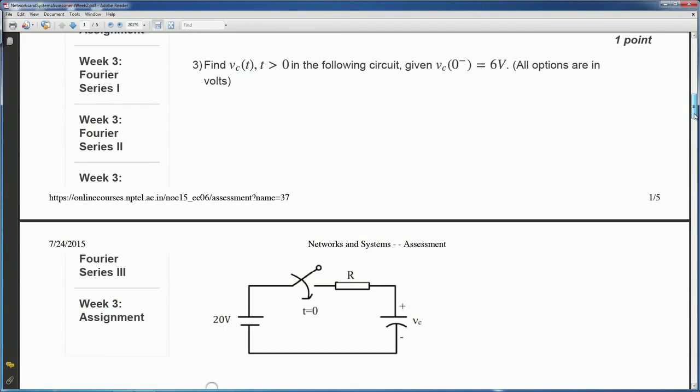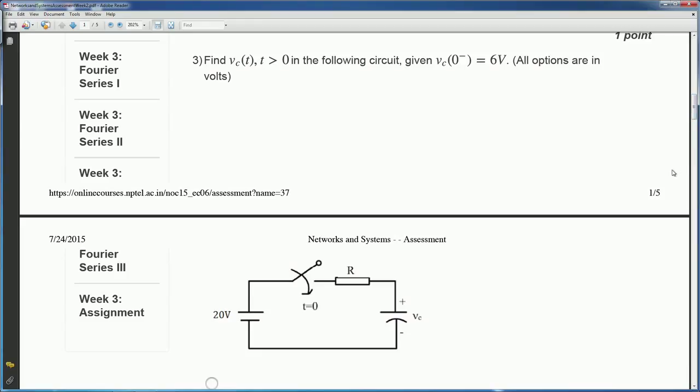Okay. So, that is the hint for the second question, and as you go through, you look at the third question. From the third question on, you will start getting circuits. There will be a circuit and some initial conditions, and something would happen at time 0. You will have to solve the circuit in some form and answer a question. For instance, this question says there is a battery, there is a switch, and there is an RC circuit.